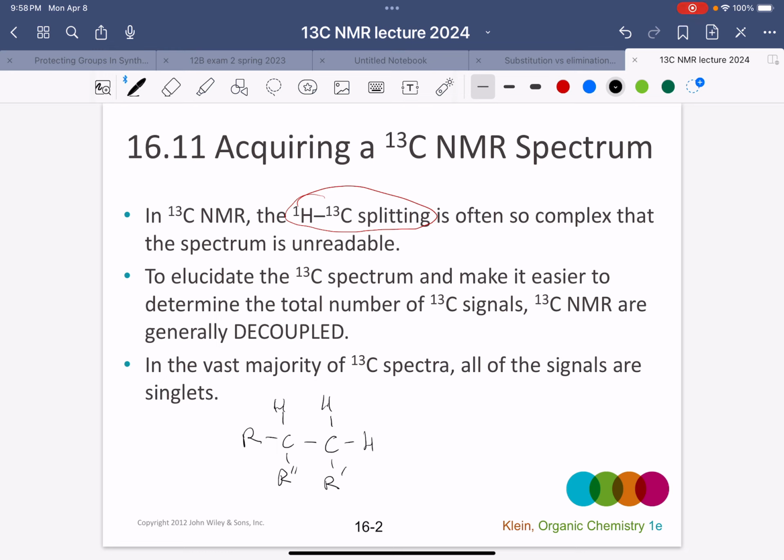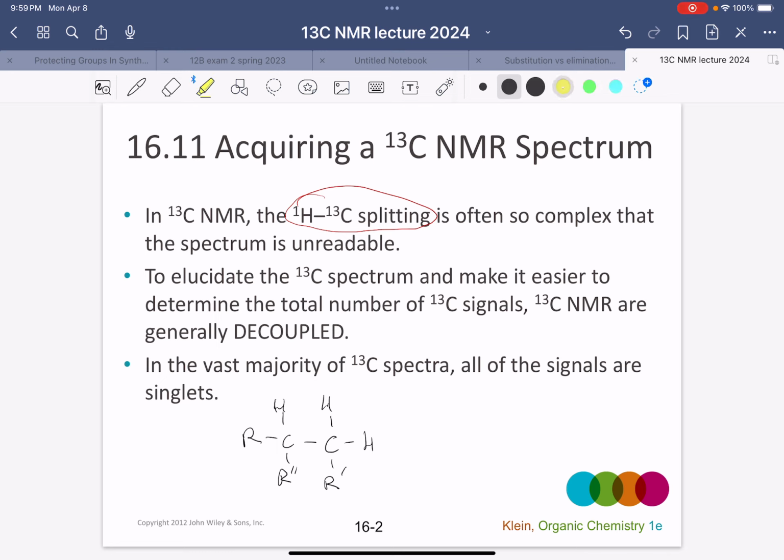So this carbon here will be split by these two hydrogens that it's attached to. And it'll be split by the hydrogens on the next carbon over, and potentially the next carbon over here. So it can give very complex splitting. And, in this case, the spectrum may be considered unreadable.